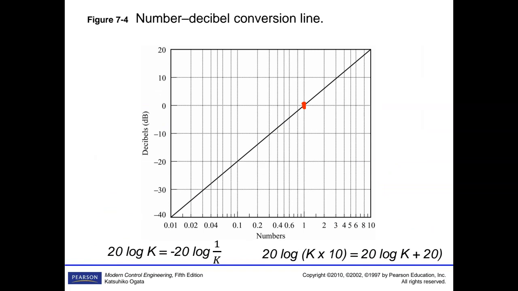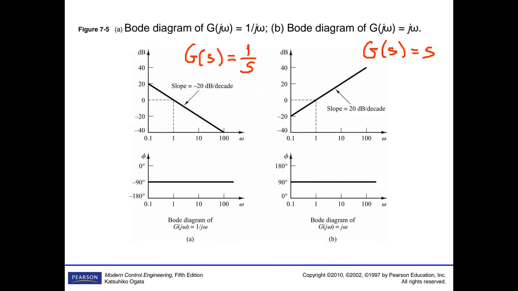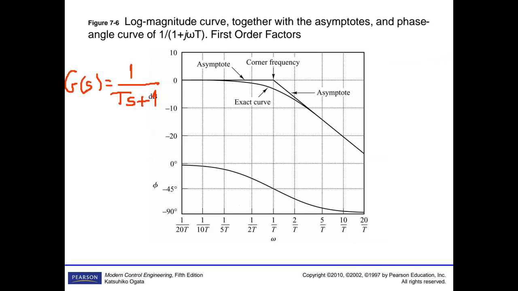And we have already seen that if the function is like this, the amplitude and angle. If function like that, amplitude and angle. If function instead of that, this one, which is a first order system, the amplitude is something like this, angle is something like that. And of course, in positive one, that one here, its amplitude is getting up and the angle is starting from 0 to 90.